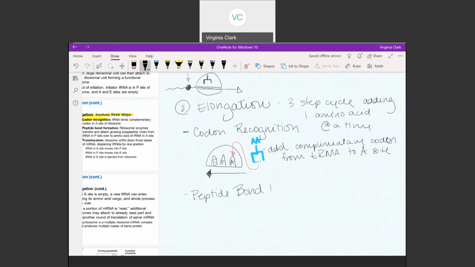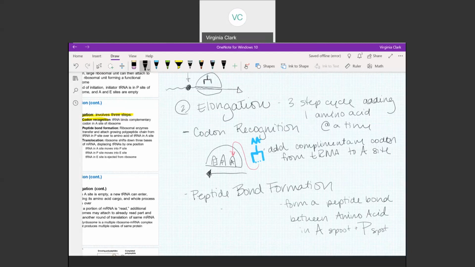With peptide bond formation, we now have this amino acid in the A spot, and you're going to form a peptide bond between the amino acid in the A spot and the P spot.